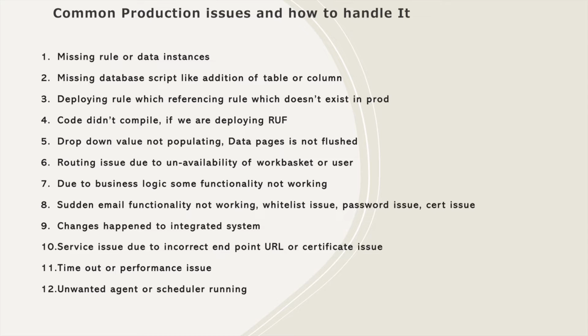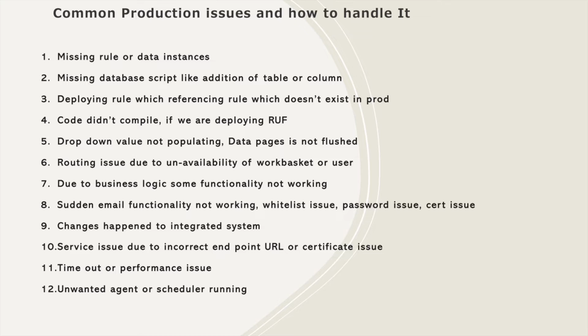This is a very common mistake when we move our code to production. While packaging, if we do not have enough review, we miss a few things. In my experience, what we usually miss is the data instances. Rules we usually do not miss.